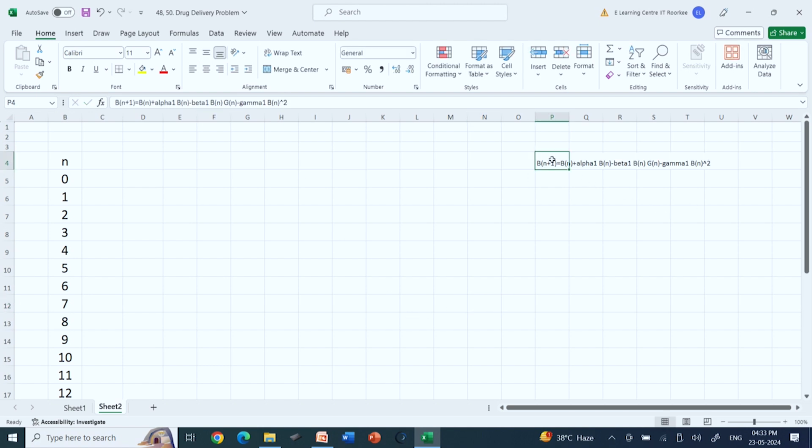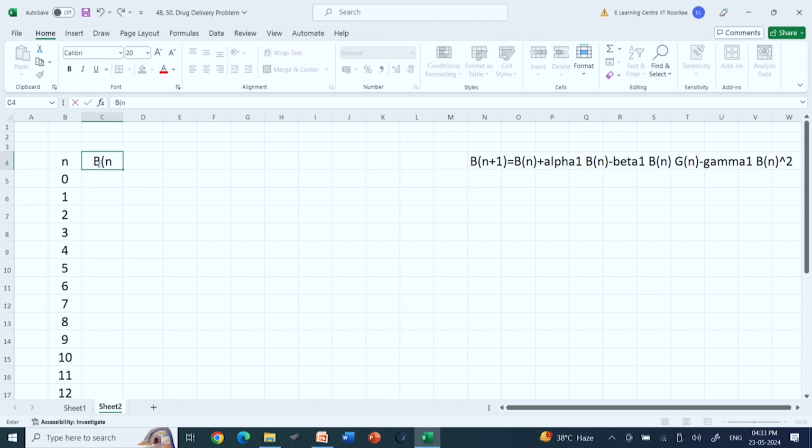So, you have this equation, and similarly I can get the equation for Gn also. So, this is your B n plus 1 and this is your G n plus 1.